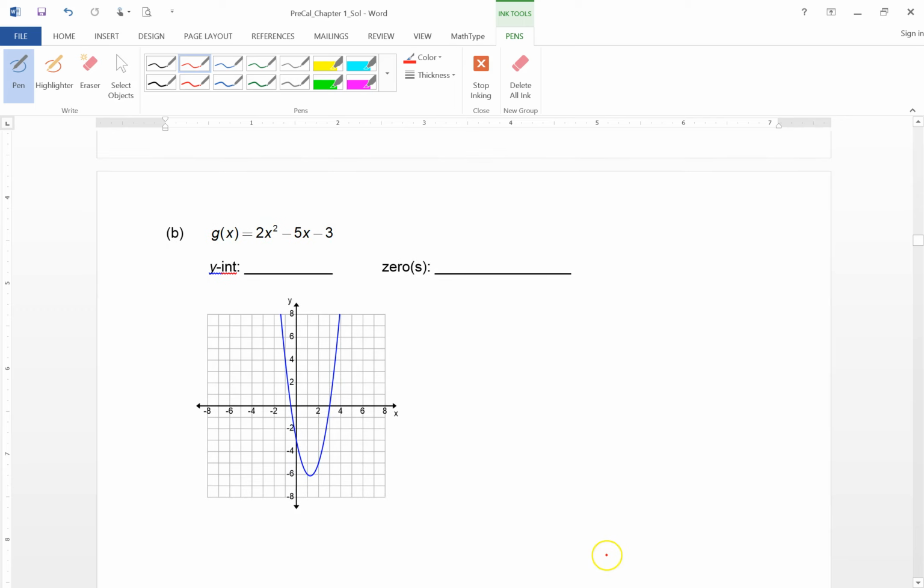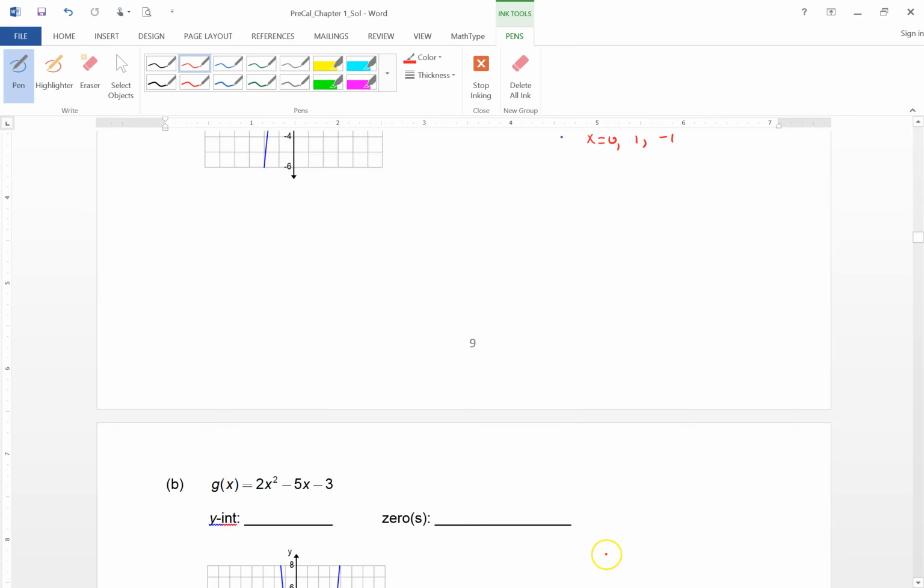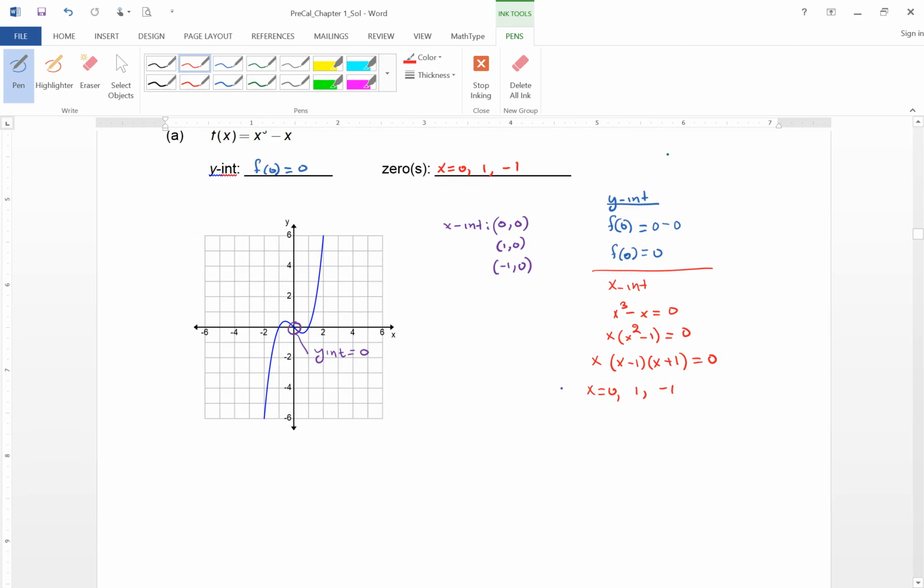They're written both ways. To find the x-intercept, you set the equation equal to 0. To find the y-intercept, you plug in 0 for x. Okay?